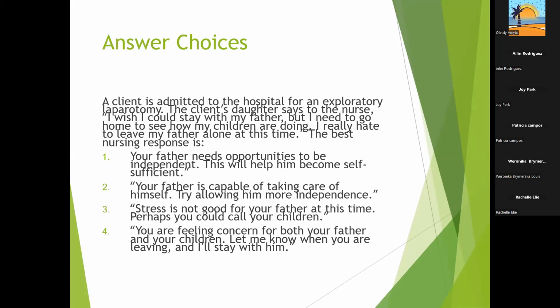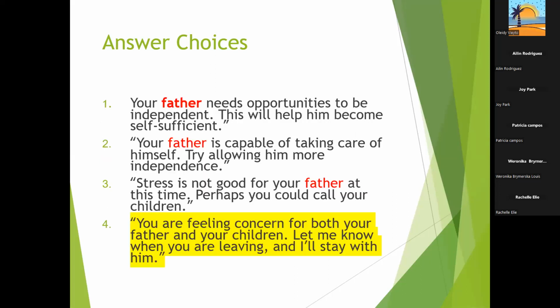Okay, I see a lot of fours. Okay, good. Now that's how you use test taking strategies. If you look at answer choices 1, 2, and 3, they all talk about who?